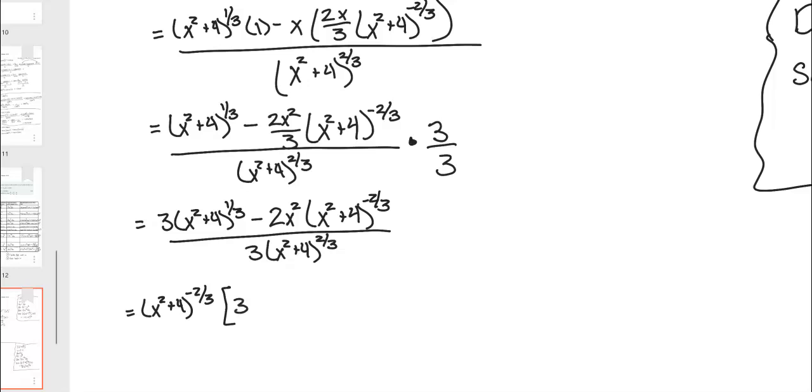So if I pull that out here, I'm going to be left with the 3, and I'm going to be left with the group x squared plus 4, because if I were to multiply these back, I would add the exponents, and I would get that 1/3 there. Here, with that second term, I'm going to be left with the negative 2x squared, and we factor that entire group out. That's going to be over 3 times x squared plus 4 to the 2/3.